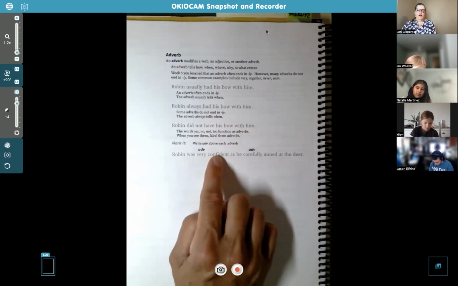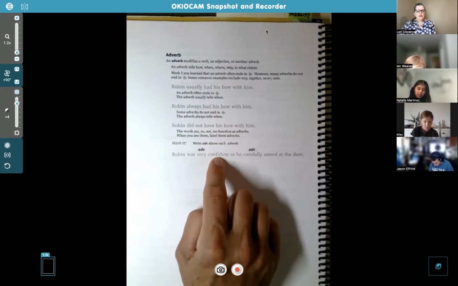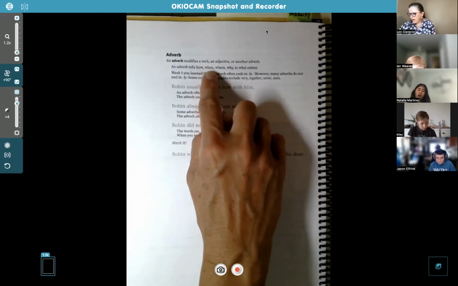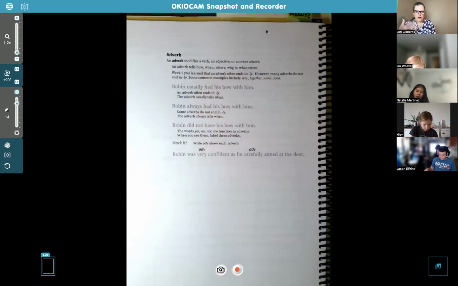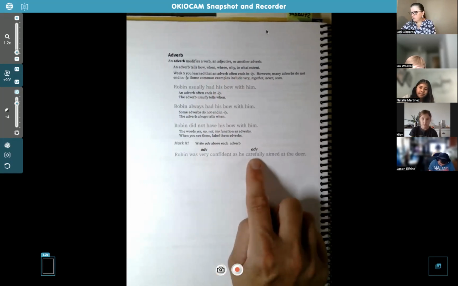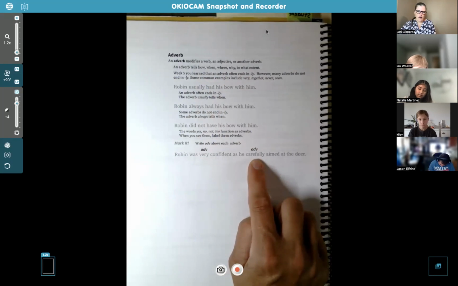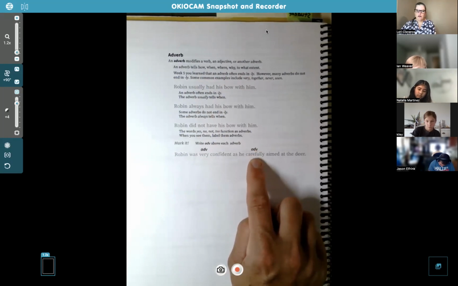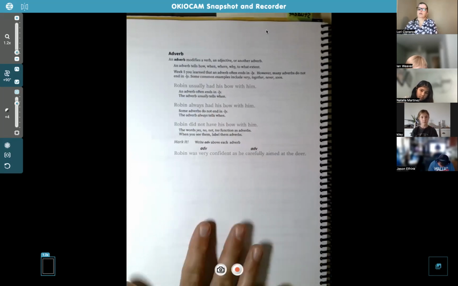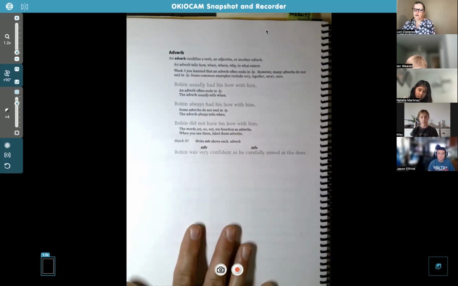So we've got how confident, because here's the verb, confident. You always check the verb first. Look for the verb and then ask yourself those questions. How, when, where, why, to what extent. That's how you find the adverb. Okay, so very is an adverb here. And then this one's easy to spot because it has the ly. Those are always adverbs. Carefully aimed. Aimed is the verb. Any questions about adverbs back here? Okay, good.